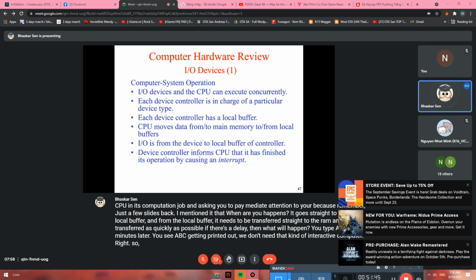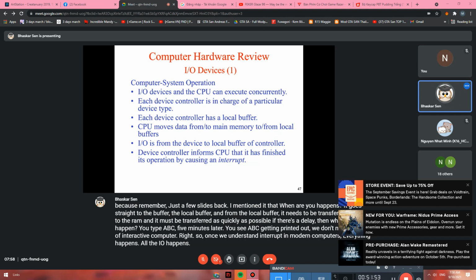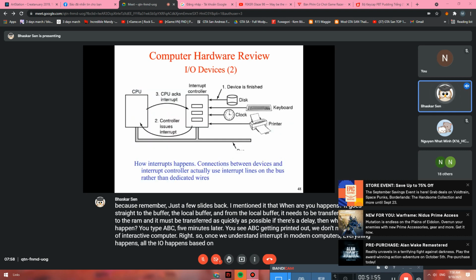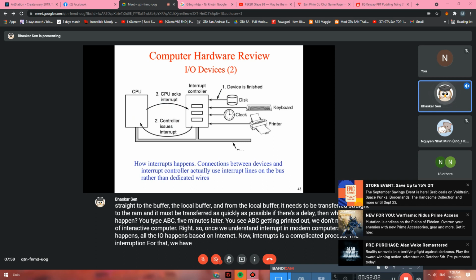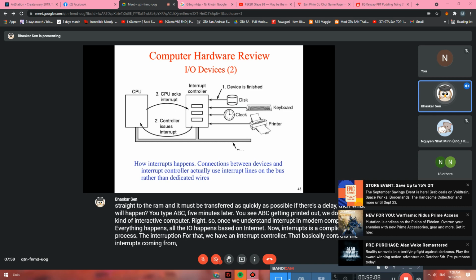So once we understand interrupts in modern computers, all the I/O happens based on interrupts. Now, interrupt is a complicated process. For that, we have an interrupt controller that basically controls the interrupts coming from multiple devices, as you can see.